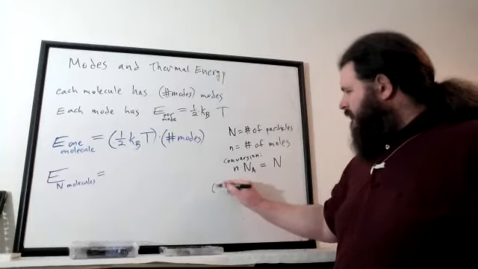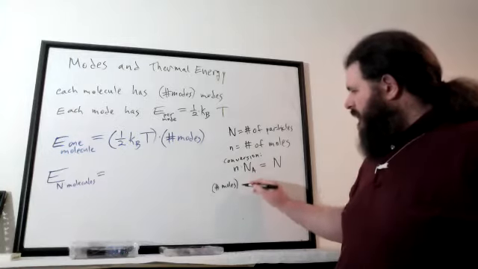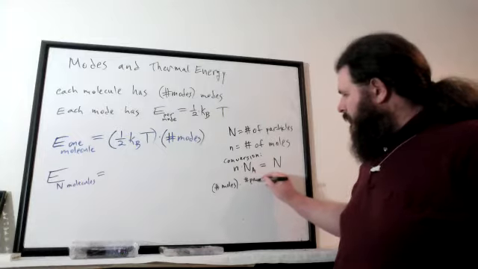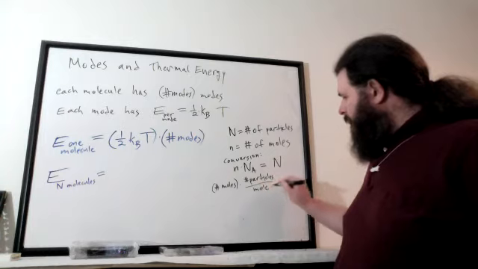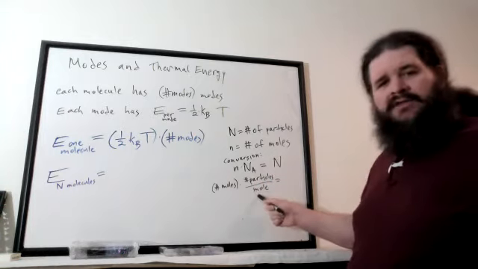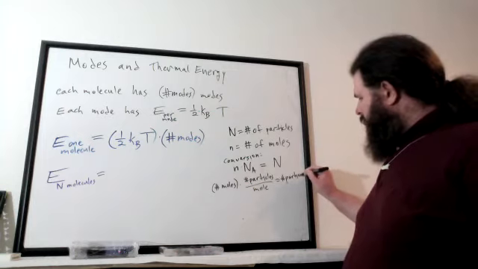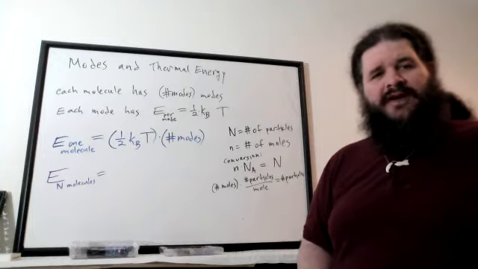Because Avogadro's number is literally just the number of particles per mole. Moles and moles cancel out, you get number of particles. So you can essentially treat Avogadro's number as a conversion factor here.